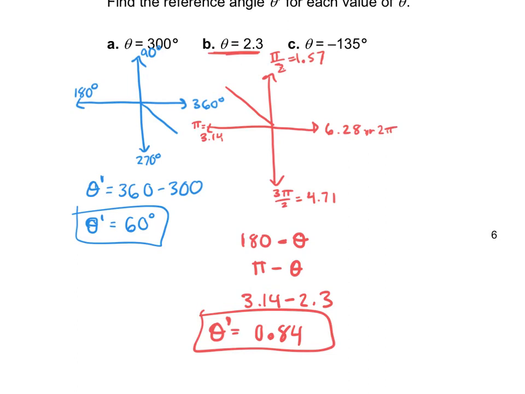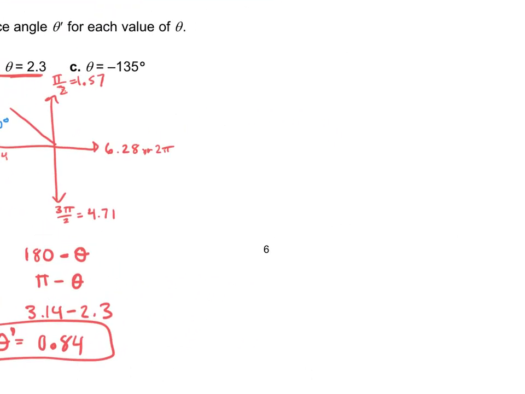All right. C. First thing we need to do, find what quadrant it's in. So here we have negative 135 degrees, so we're going backwards now. What quadrant would this be in?